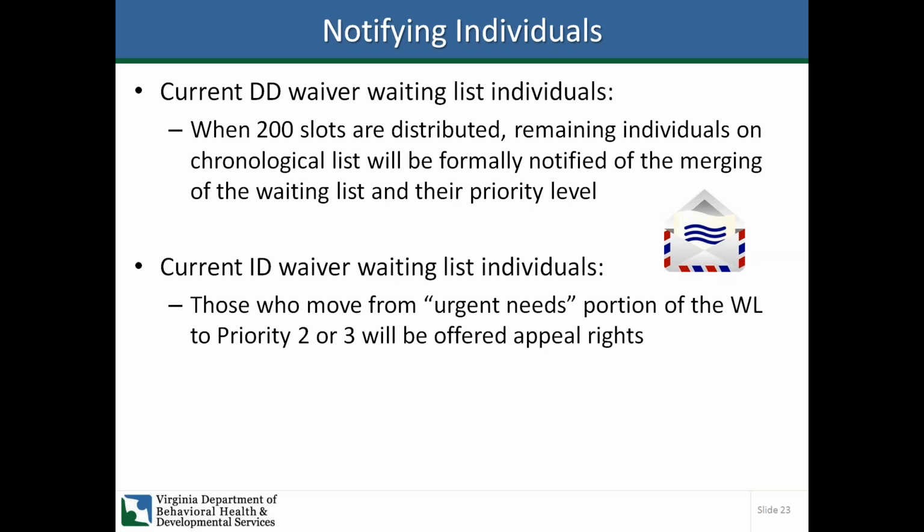Do people who have waiver services now have to be re-screened every year? People who have waiver services currently must be re-screened in terms of their functional eligibility every year. That's been a long-standing requirement.